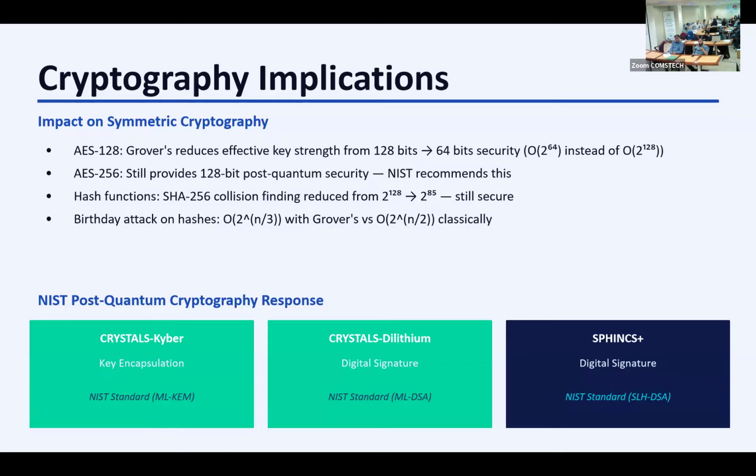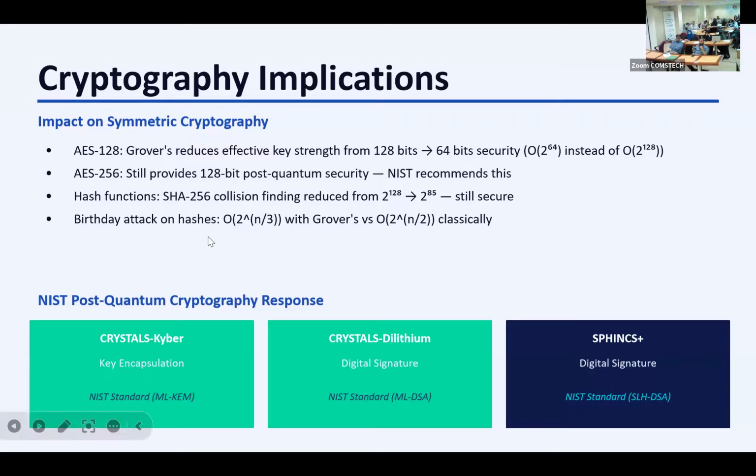And when AES 128 is broken, all the encryption done with it is out. Similarly, there are hash functions and birthday attacks, I'm not an expert on them, but the same problem exists here: if you have those classically, quantum is there to come and break them.